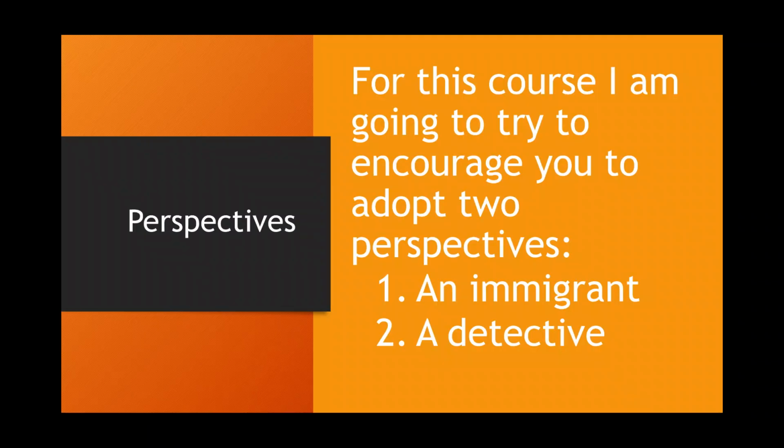Now, for this course, I want you to adopt, or at least I encourage you to adopt, two different perspectives. Generally you have your own perspective of what you think and how you're viewing the world, and it can be difficult to see others. Coming into this course, a lot of you I know are computer science or business BCIS students, so Bachelor of Computer Information Systems, or you're in sciences or criminal justice studies or policy studies or different areas from there.